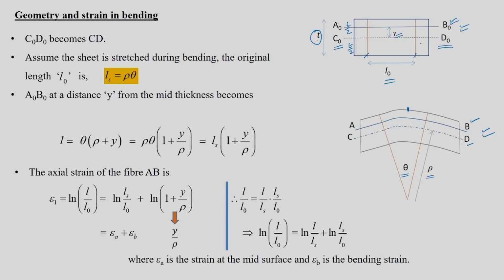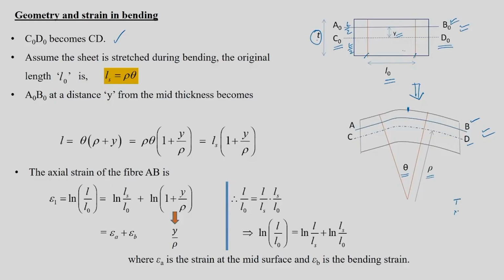Now, while bending this particular sheet to this form, C naught D naught becomes CD at the mid surface. That is number one. Now this L naught is going to become, let us say, LS when the sheet is bent with stretching. We are going to consider a case where the sheet is bent not only with moment but also with tension.